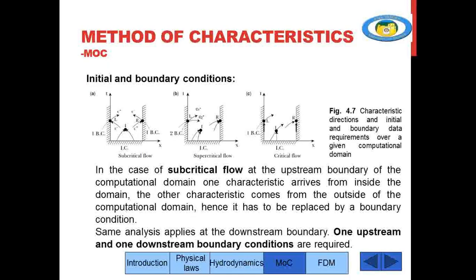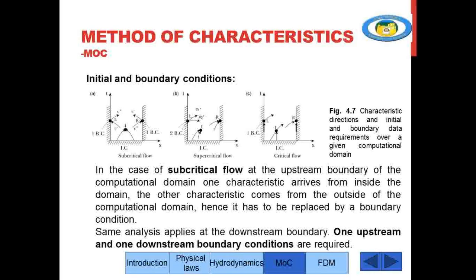So at the boundaries, let's say on the left boundary, on point L, to determine the flow characteristics at L, we need those two characteristics, both of which shall come from upstream. So we need to replace these by two boundary conditions to specify the conditions at L.